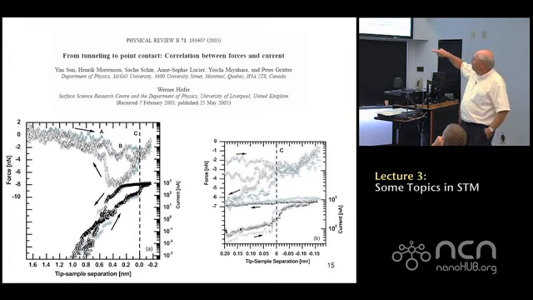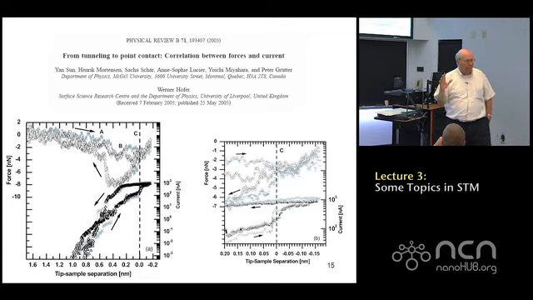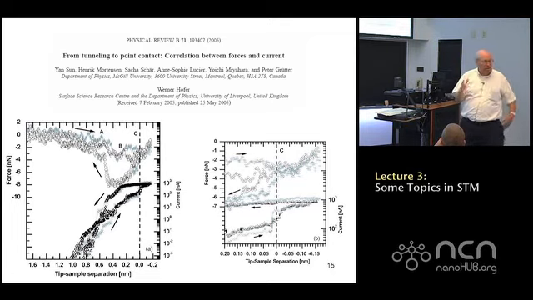What they found was that the tunnel current increased until they got to this point that they call zero. It's an arbitrary zero. Then the tunnel current saturates beyond that. It doesn't change. And that indicates that the tip is now in contact with the substrate, and you no longer have a tunnel junction.